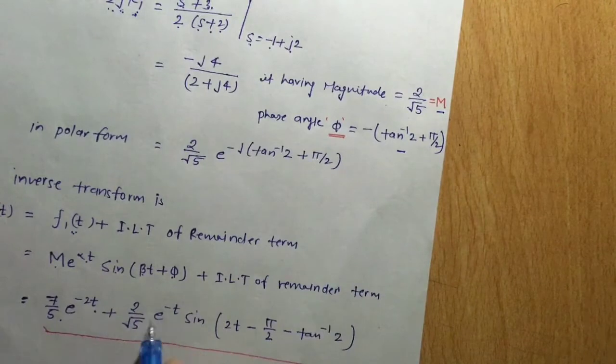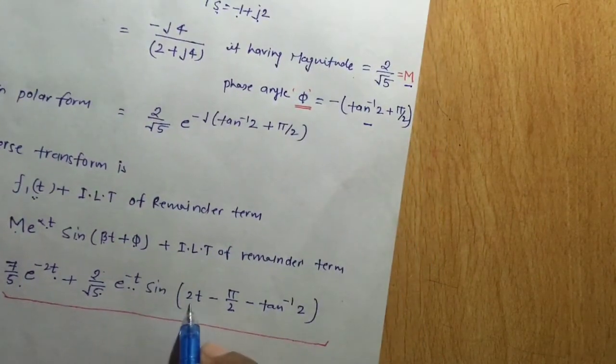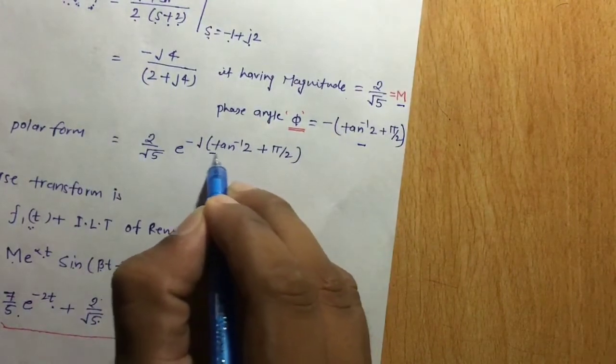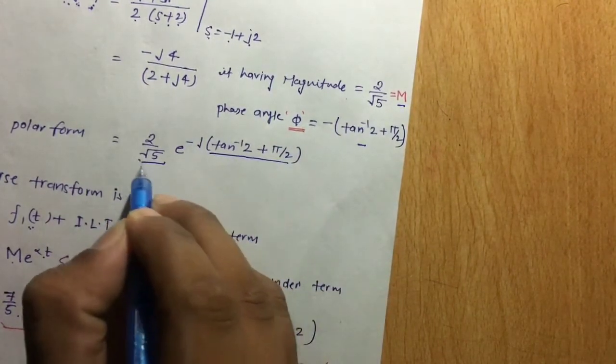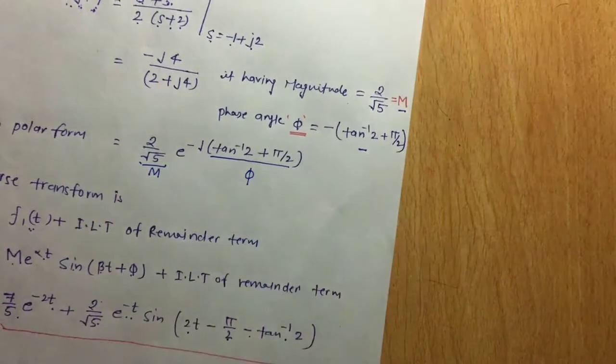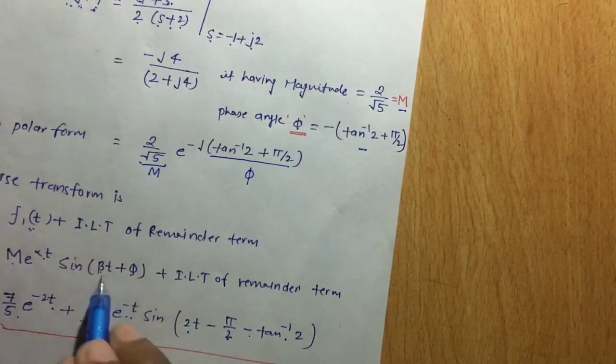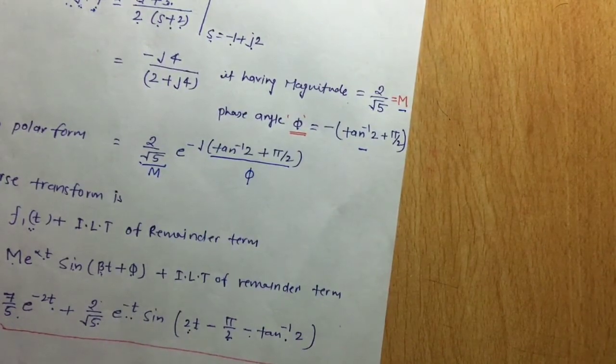The magnitude M is 2 by root 5, alpha is minus 1, so e to the power minus t sine(2t plus phi), where phi is pi by 2 minus tan inverse of 2. This is the phase angle, this is the magnitude M, that is phi, and so on. Thank you.